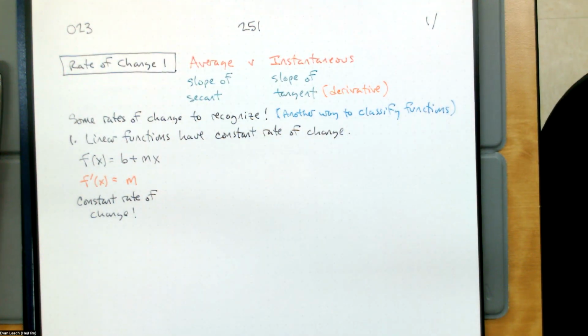In terms of tangent lines, the tangent line to a linear function will just be the function itself. The linear function is its own tangent line because it is a line. We also want to recognize in the numbers how this constant rate of change expresses itself.